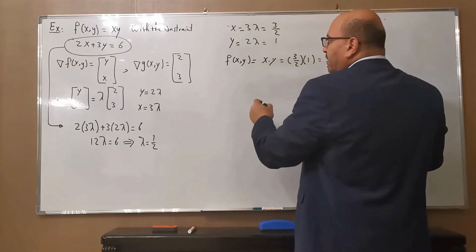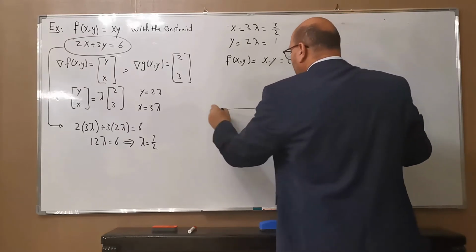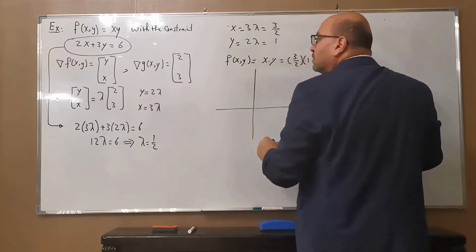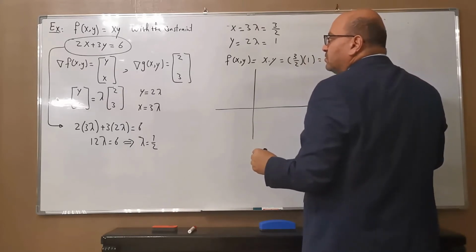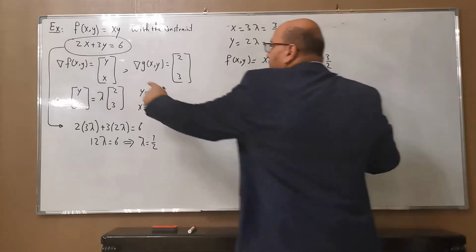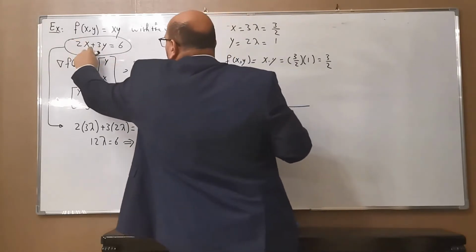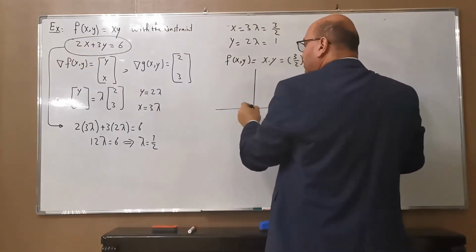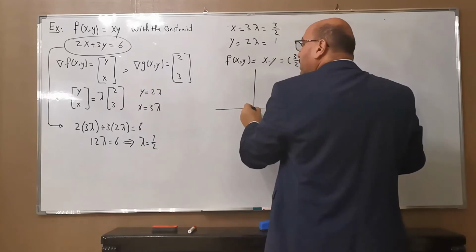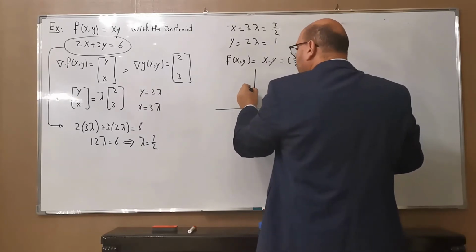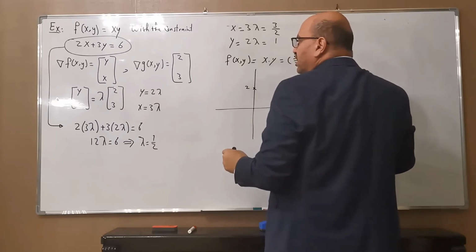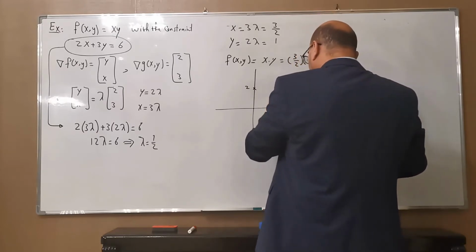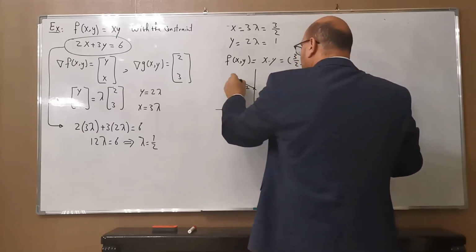2x plus 3y equals 6. This is a line. If x equals 0, you have 3y equals 6, then y equals 2. And if y equals 0, then x equals 3. So you have this line here.